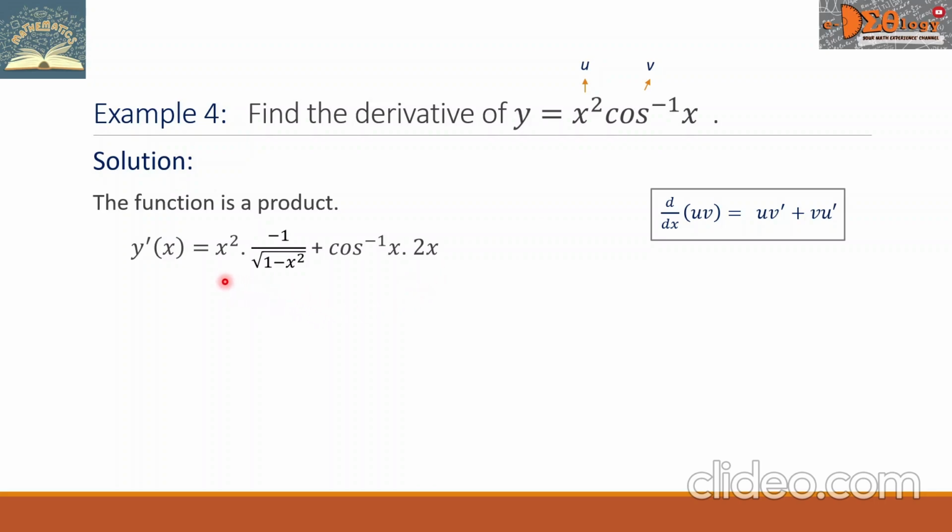Now simplifying the first group plus the second group, we have now negative x squared over the square root of the quantity 1 minus x squared for the first group, plus 2x times the cosine inverse of x. Take note that in the second group, this 2x must not be multiplied with the x in here. So, we put this 2x in front of the cosine inverse function.